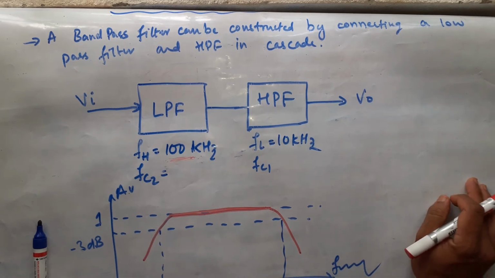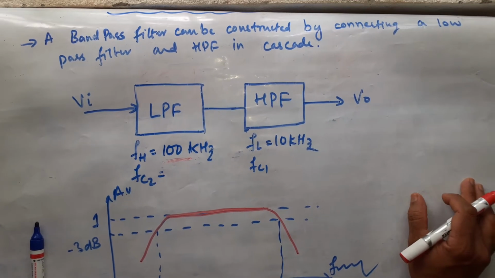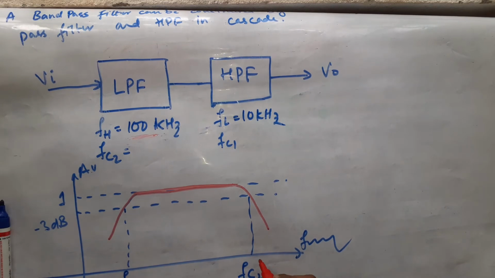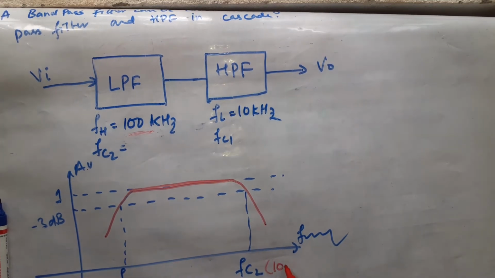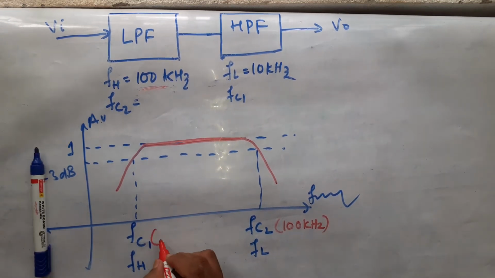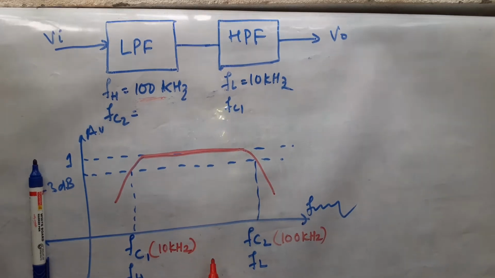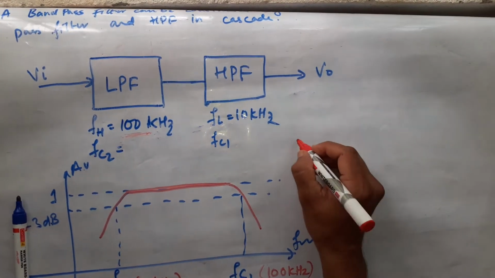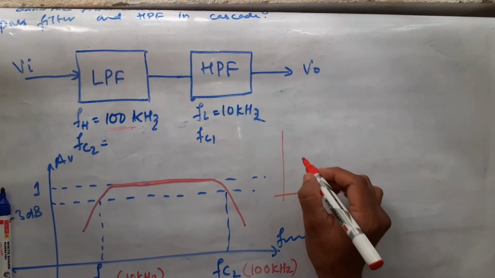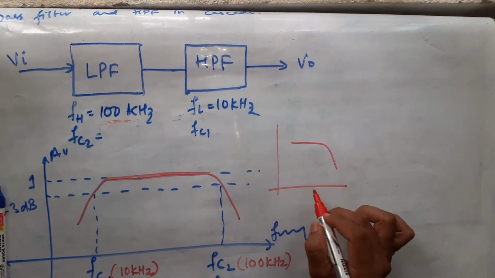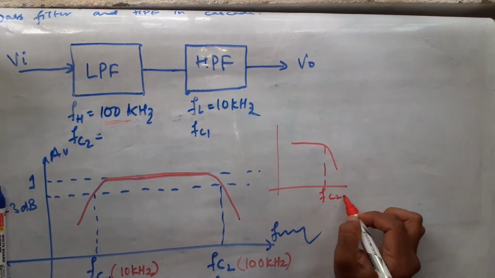Means FC2 is here. This is our 100 kilohertz and this is our 10 kilohertz. The job of the low pass filter is it offers this. This is your FC2.